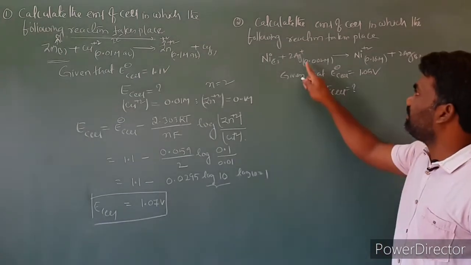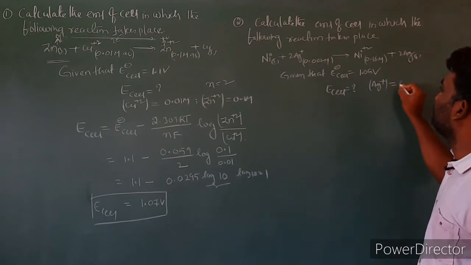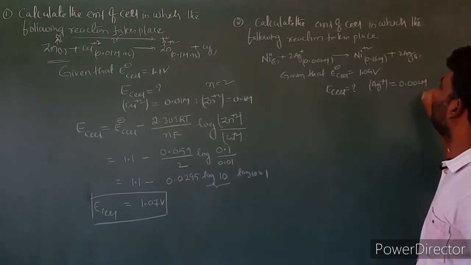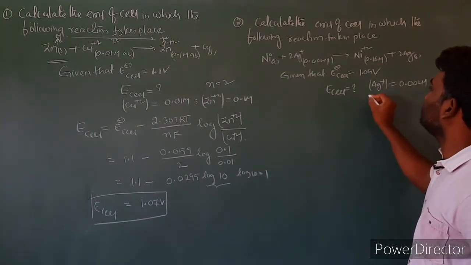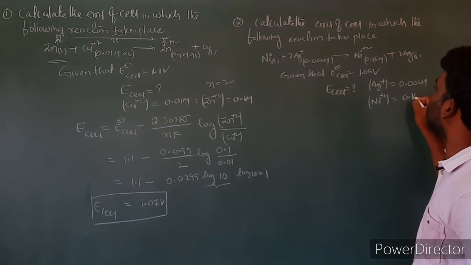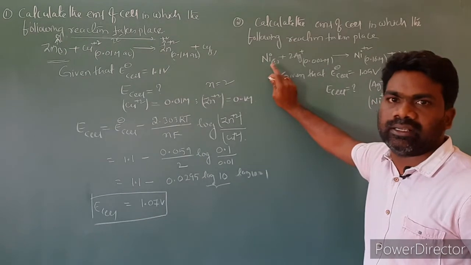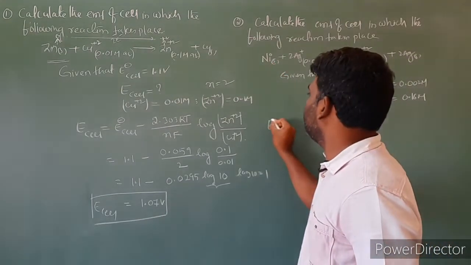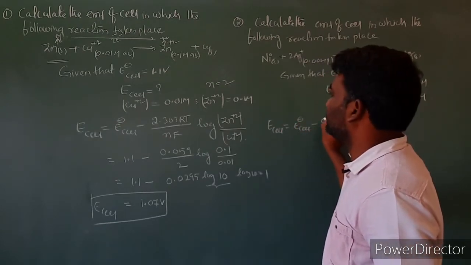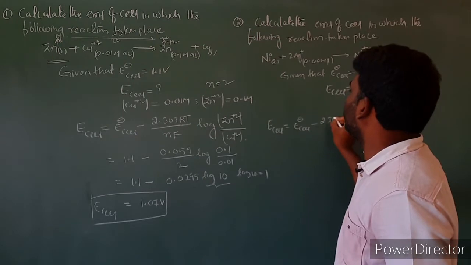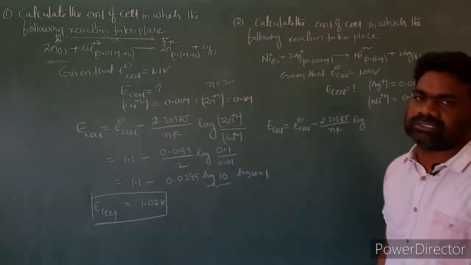Then one more piece of data is given. What is that? The concentration of Ag⁺, how much? 0.002 M. And the concentration of Ni²⁺ is going to be 0.16 M. Then for this cell reaction we have to write a Nernst equation. E cell is equal to E standard cell minus 2.303 RT by nF log of the concentration of product.